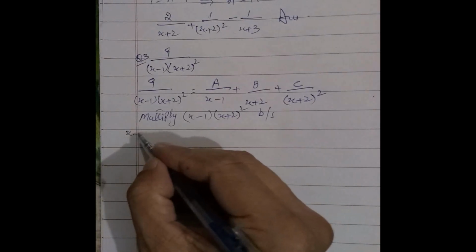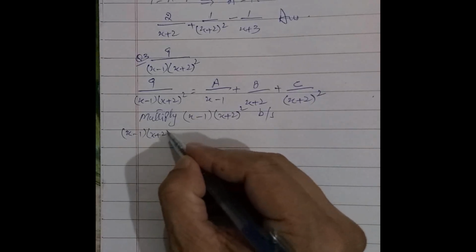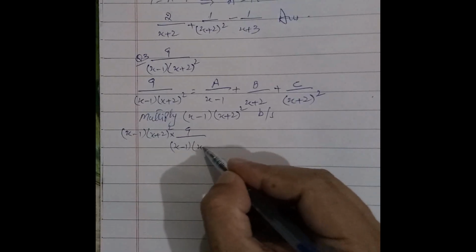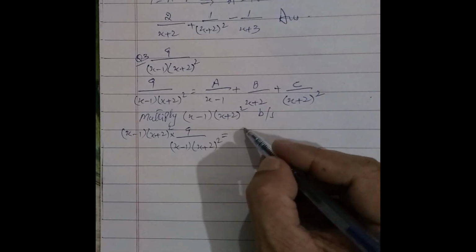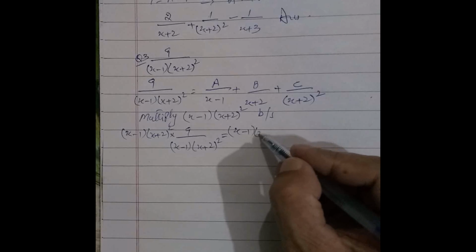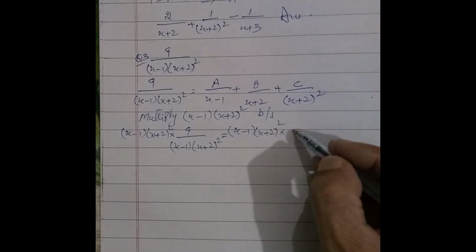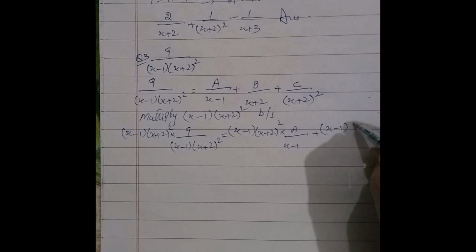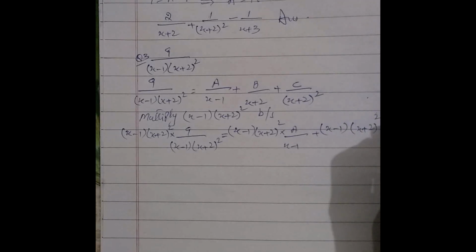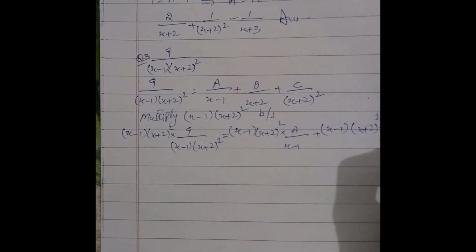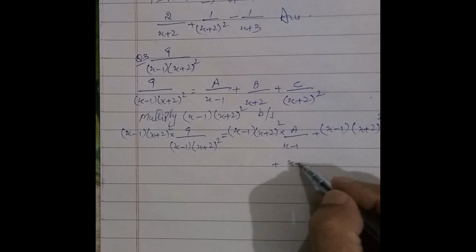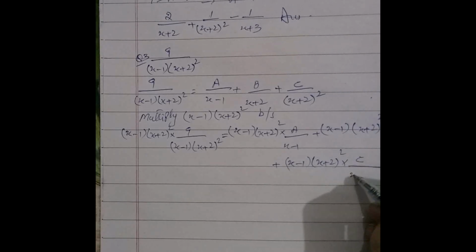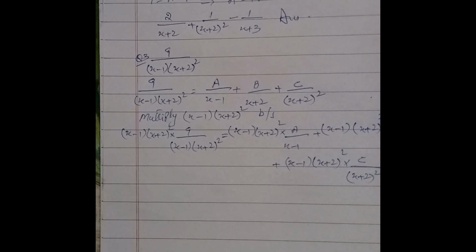We get (x minus 1)(x plus 2) whole square multiplied by 9 over (x minus 1)(x plus 2) whole square is equal to (x minus 1)(x plus 2) whole square multiplied by a over x minus 1, plus (x minus 1)(x plus 2) whole square multiplied by b over x plus 2, plus (x minus 1)(x plus 2) whole square multiplied by c over (x plus 2) whole square.